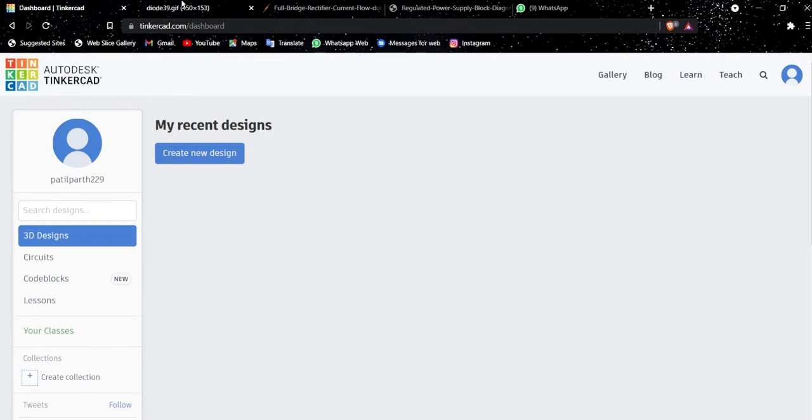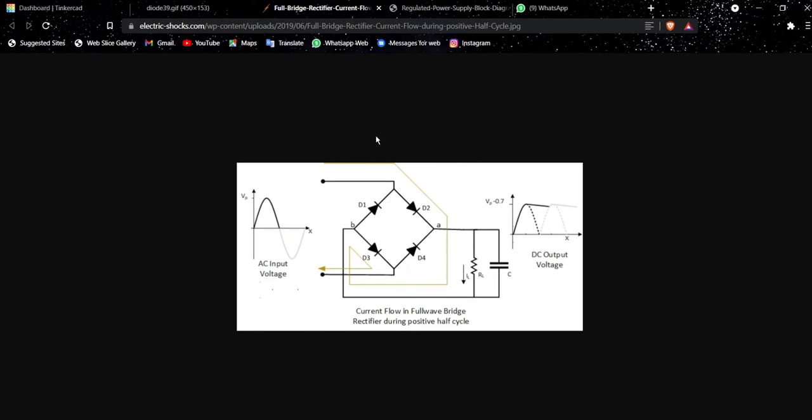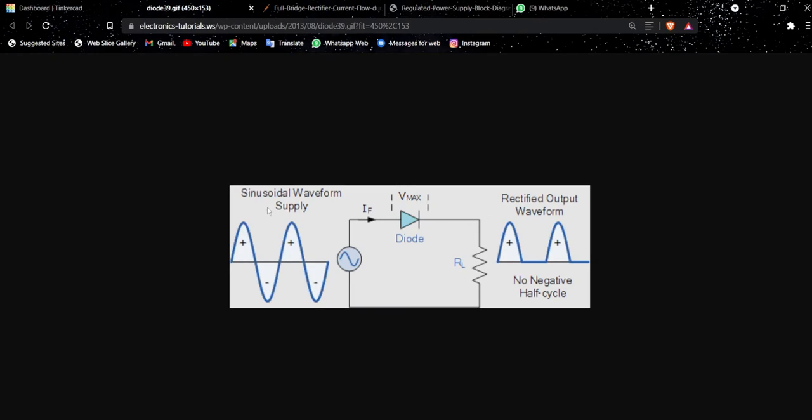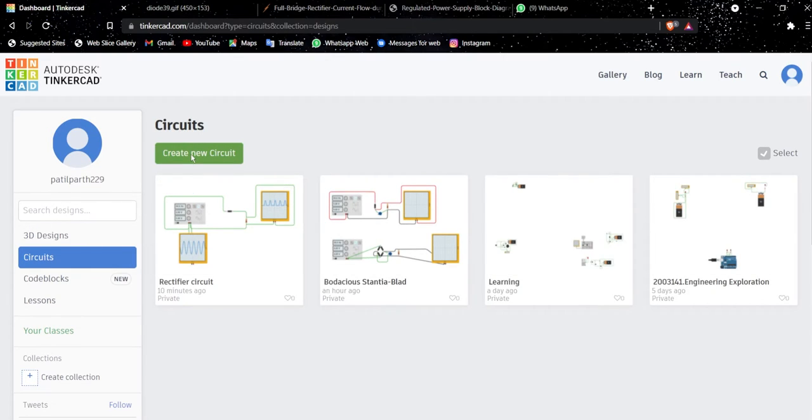First is the half wave rectifier, which uses a single diode, and as its name suggests, it just rectifies half of the waveform, and there is no output for the other negative half of the cycle. And another is the full wave rectifier, which is a bridge combination of diodes. Now first we will construct the half wave rectifier, and we go to the circuits on Tinkercad.